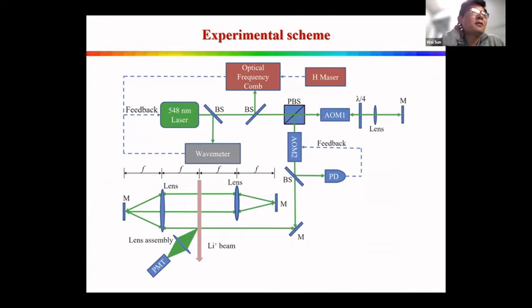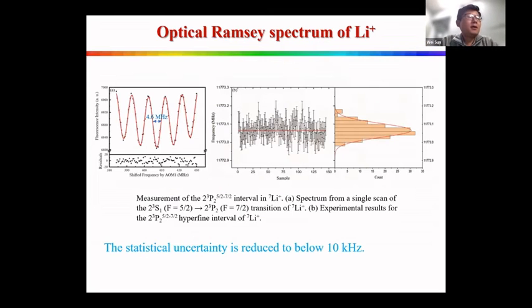A schematic of our experimental setup is shown here. As we see, the 3 parallel and equidistant standing waves of laser beams were obtained by using 2 cat's eye retroreflectors. In the optical Ramsey method, the spectral resolution is limited by the travel time between radiation zones, rather than by the transit time through each zone.